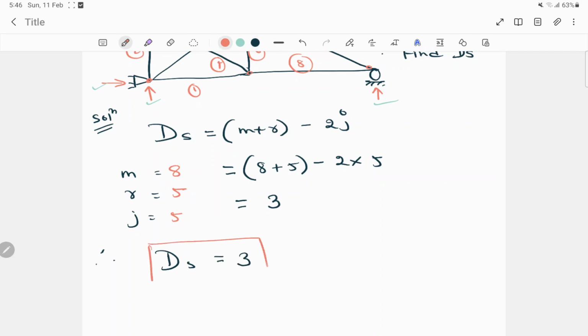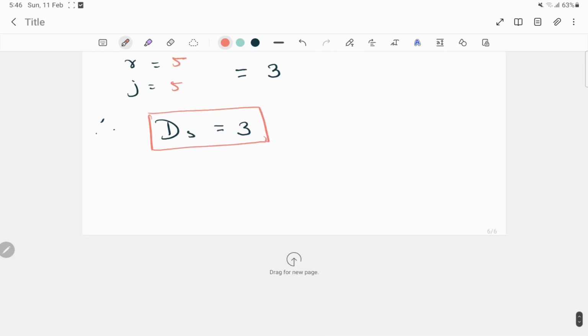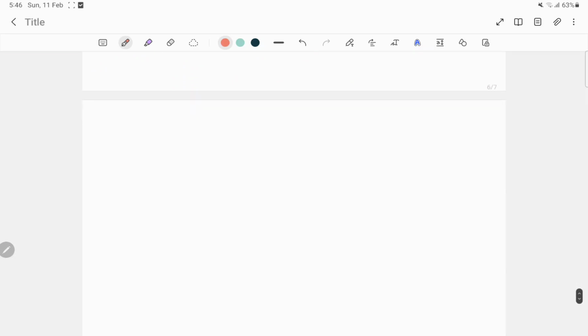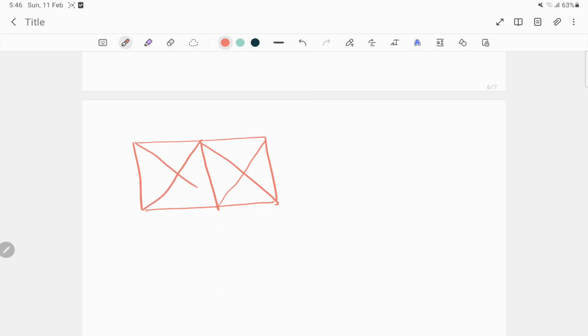And again I'll show you one more example here. Suppose this is a plane truss where one side is hinge and another side is roller. So we need to find the ds of this plane truss.